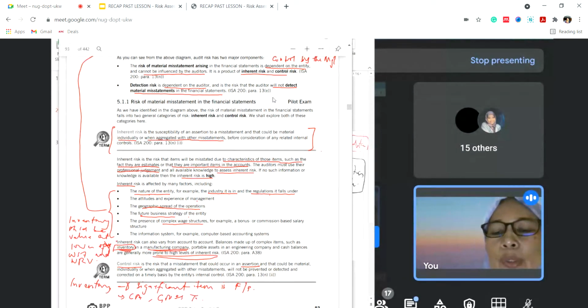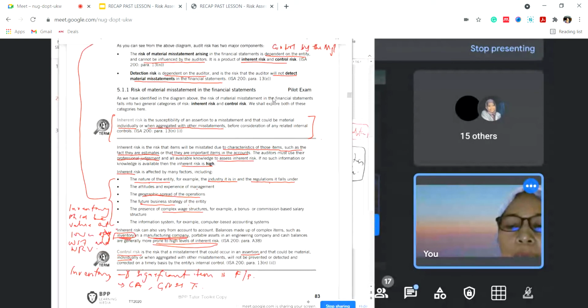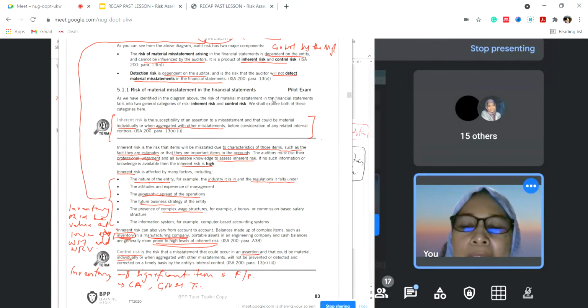So when you look at the inventory individually or when aggregated to the gross profit, aggregated to the current asset, aggregated to the total asset, you have to look at it individually or aggregated, secara sendiri ataupun secara terkumpul. That is the meaning of individually or when aggregated with other misstatement.